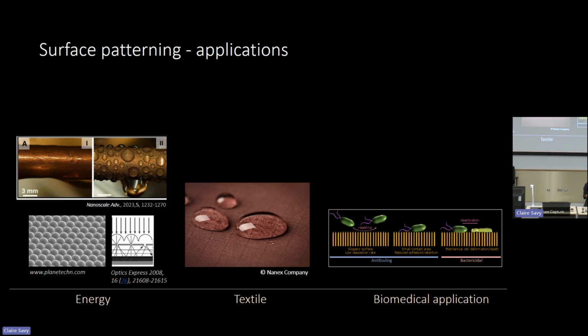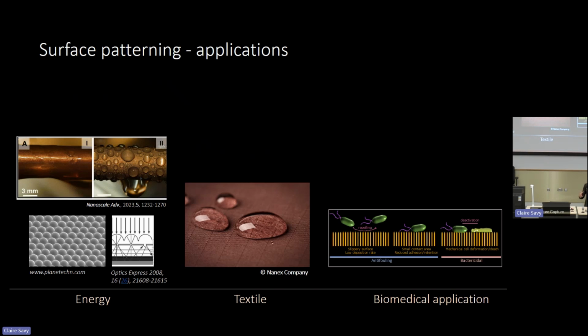And for biomedical applications, for example, there's this field of anti-fouling materials that surface patterning can induce through changing the boundary condition on the surface, changing it from no slip to slip condition. It could prevent, for example, bacteria from sticking to the surface, or reduce the contact area and reduce the adhesion energy onto the surface, or all the way to directly interact with cells if the dimensions of the surface structure are much smaller than the cells or the bacteria that are sitting onto the surface.